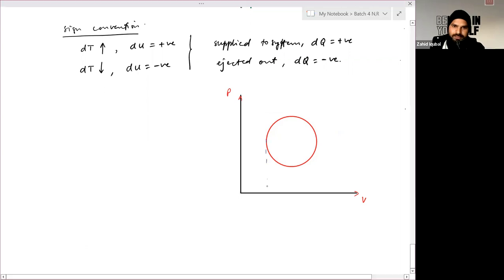The initial point is at V0, and the final point is at 2 V0.